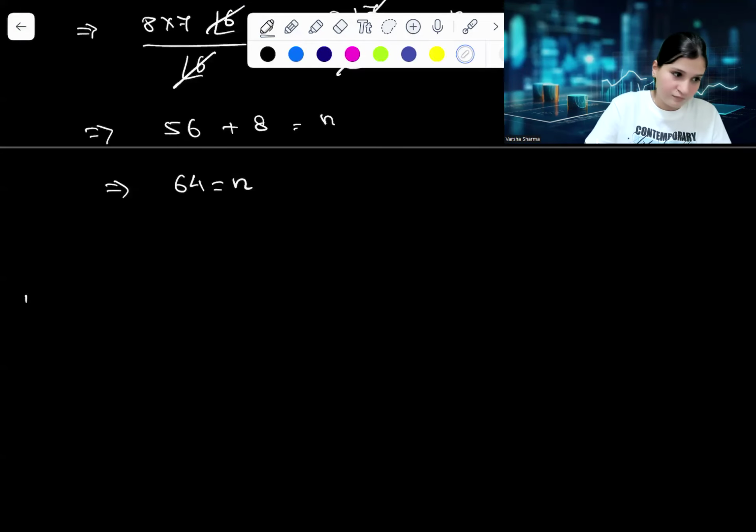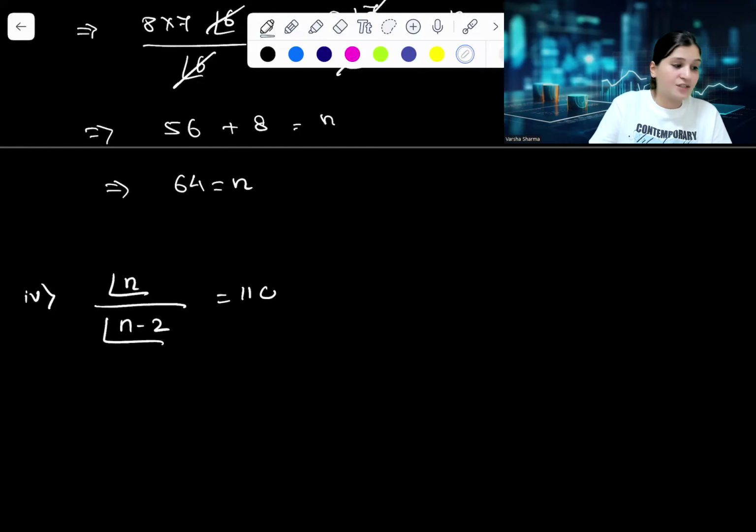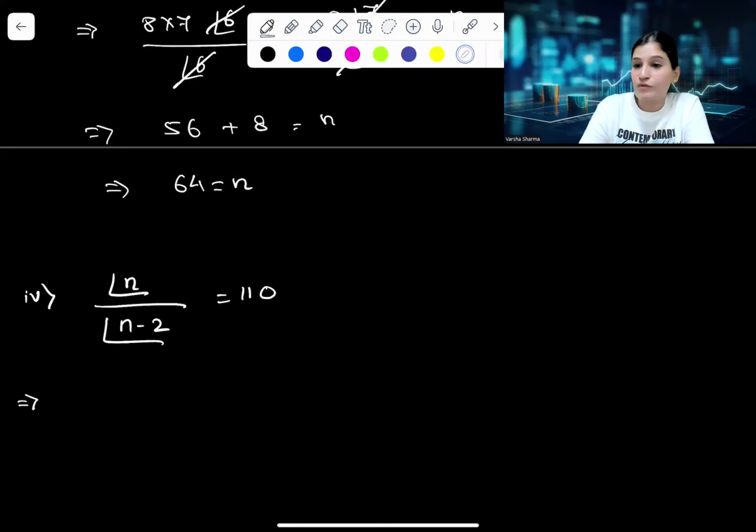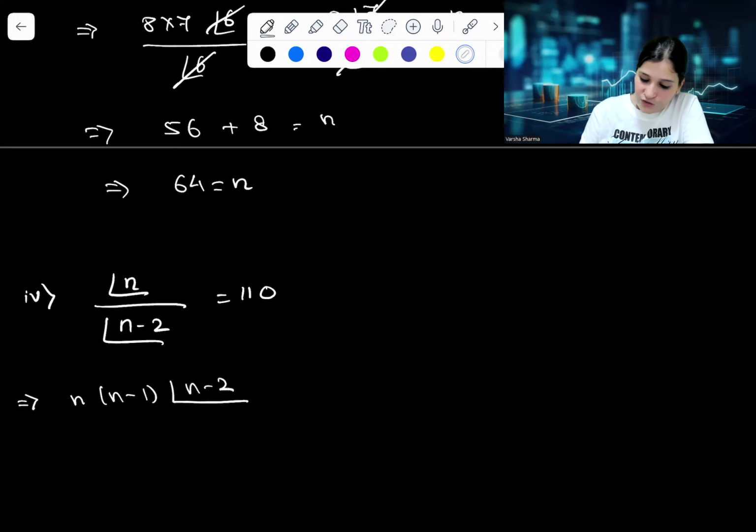Fourth, factorial n upon (n minus 2) factorial. Which one is larger, n or n minus 2? Factorial n. So we'll open n factorial till we get n minus 2 factorial. So n, n minus 1, n minus 2.